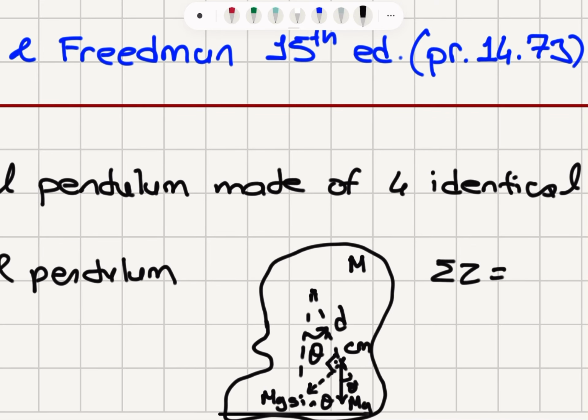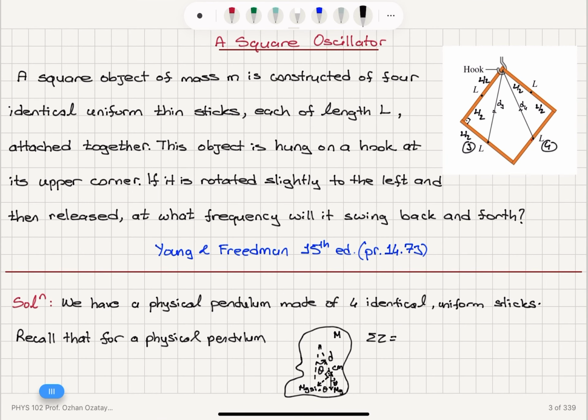If the angle is increasing in this direction, the torque will be minus mg d sine theta, which is equal to moment of inertia times the angular acceleration alpha or theta double dot. And for small angles, sine theta can be replaced with theta, and we basically obtain the equation of motion for the simple harmonic motion.